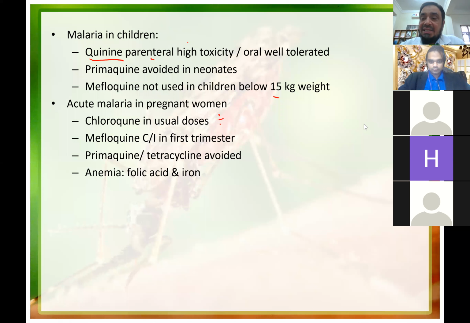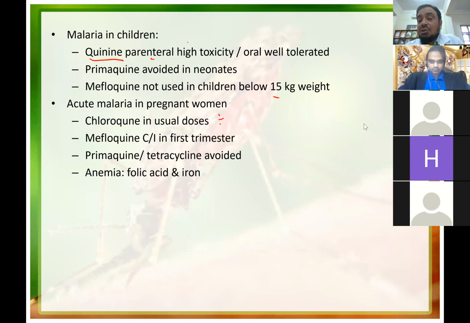Give the mechanism of action, uses, adverse effects of chloroquine, which is a very common question. If not chloroquine, then you can be asked about artemisinin compounds as a short bit of the long question, or you can be asked about quinine or mefloquine. Remember all these drugs like chloroquine, amodiaquine, quinine, mefloquine, they have a similar mechanism of action.